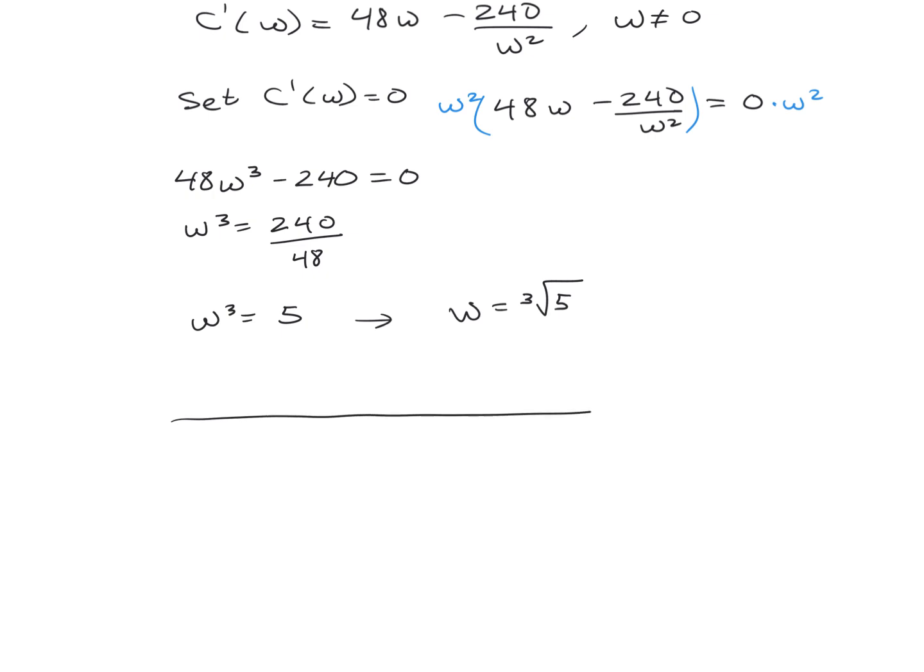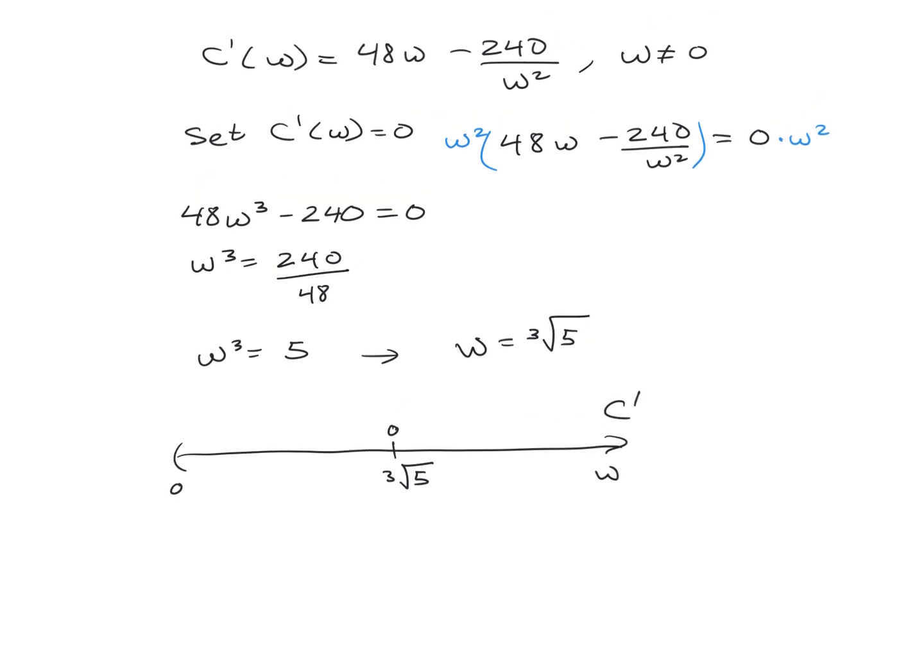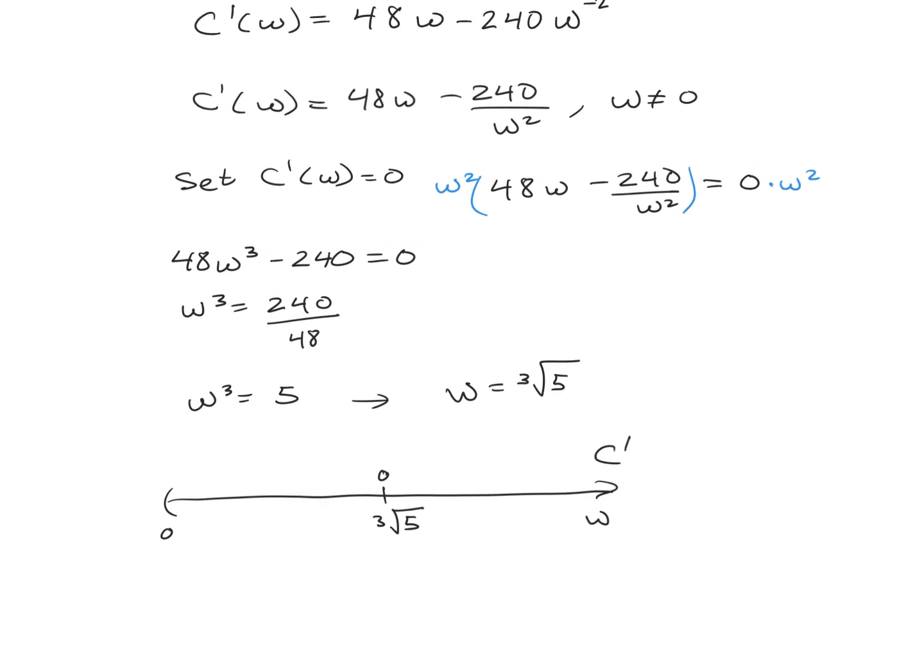Once again, we draw a number line, put our derivative of our cost, put our critical number on it, and then look at the sign of our derivative on both sides of it. Well, something smaller than the cube root of 5 would be the number 1. And if you evaluate your derivative at 1, it is a negative number.